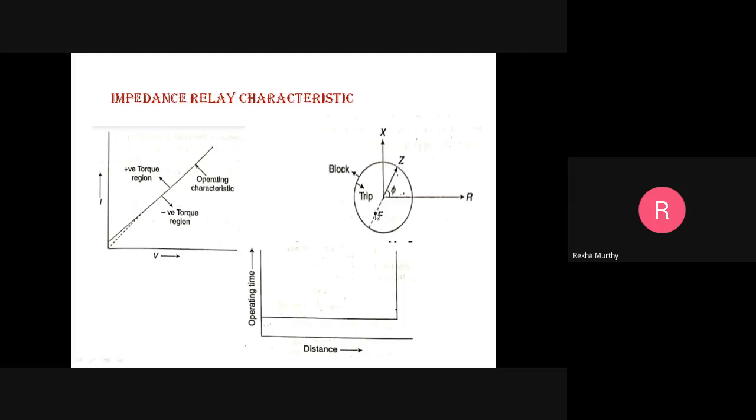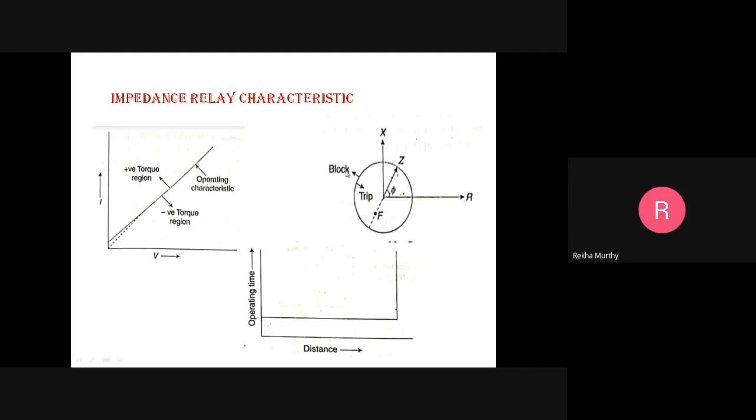If you find the fault is here, that means the fault is within the circle, and at that time the relay should trip. The relay should trip when the fault occurs within this region. When the fault occurs somewhere outside the circle, the relay doesn't have any duty to perform and will not operate.